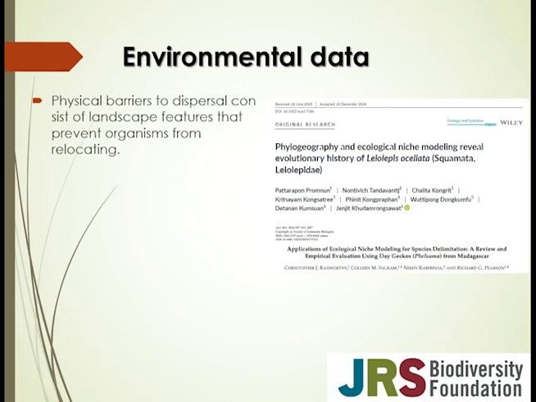Talking about the physical barriers to dispersal, they consist of landscape features that prevent organisms from relocating. There are, for instance, mountains, rivers, lakes, etc. We can also have anthropogenic barriers like roads, farming, river dams, etc. that also function as impediments to the movement of species.